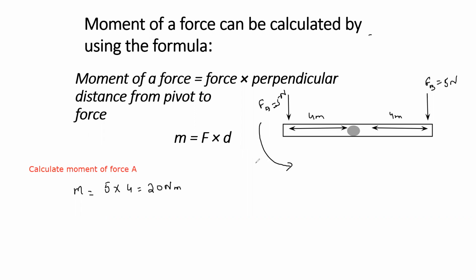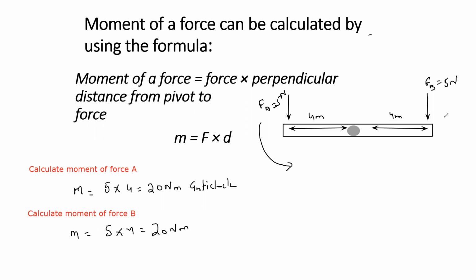What is the direction here? So 20 Newton meter, it will be anti-clockwise. And if we want to calculate the moment of force B, or the turning effect of force B, the force is 5, distance is 4, that is also equal to 20 Newton meter.